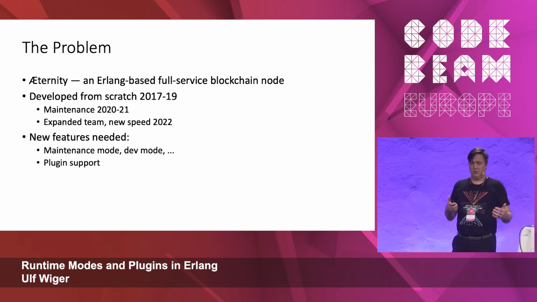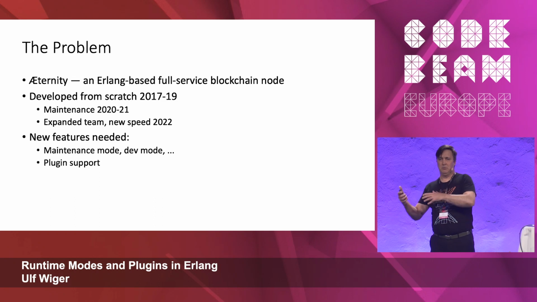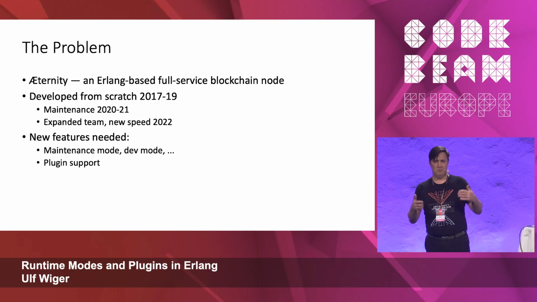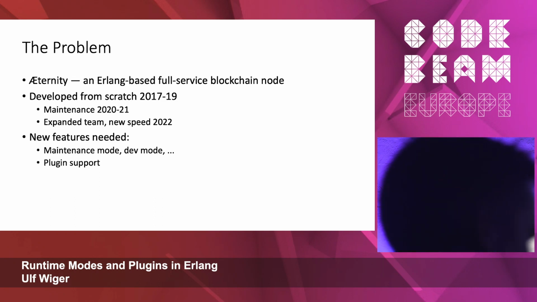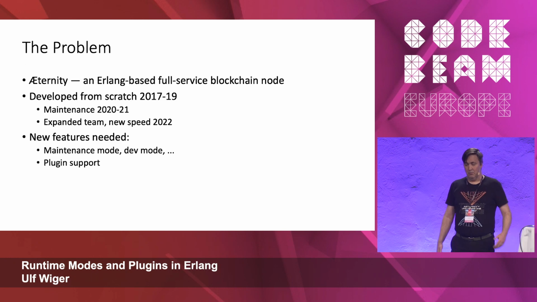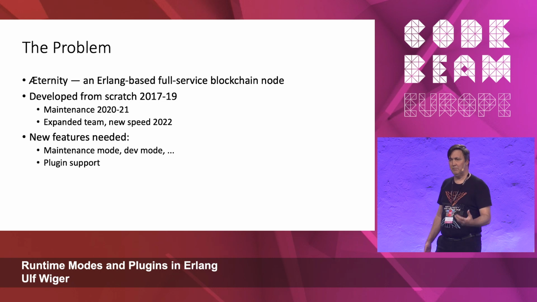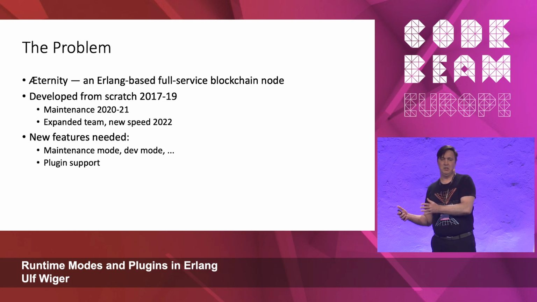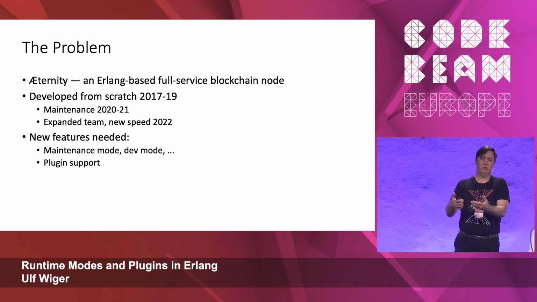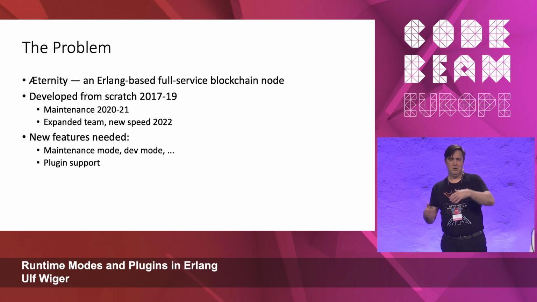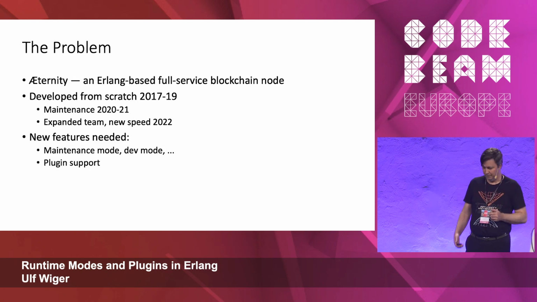That would, of course, mean that at runtime we need to start and stop applications based on the scenario. We also wanted to support plugins. For example, for dev mode, we wanted a separate application that we would load on demand into the system, which would then configure itself.